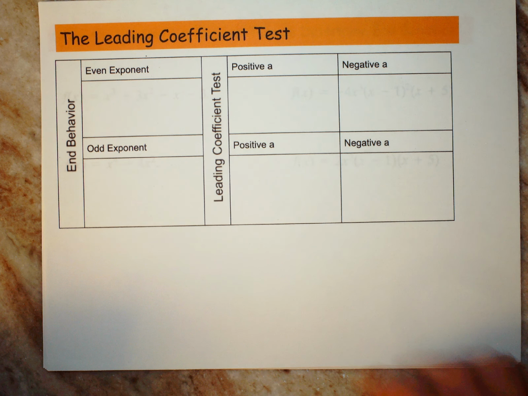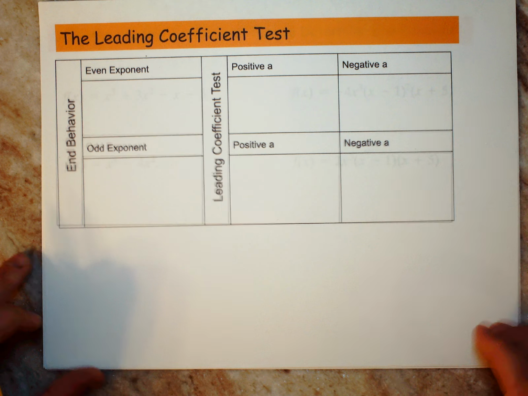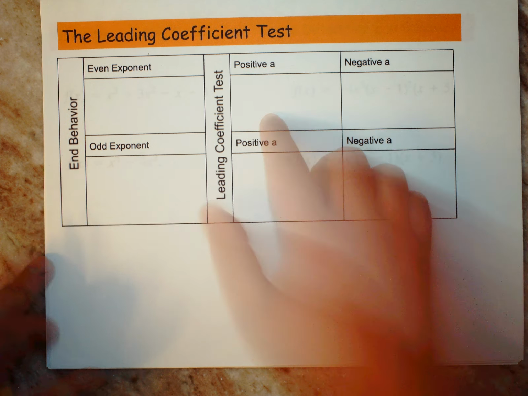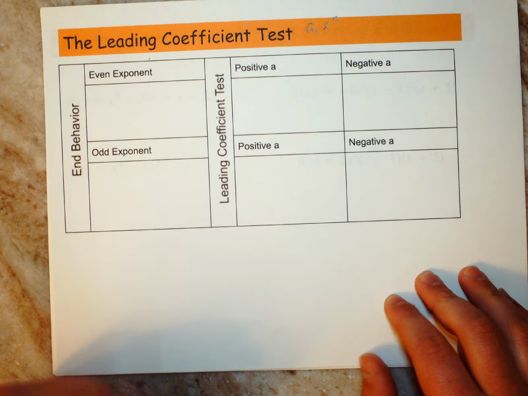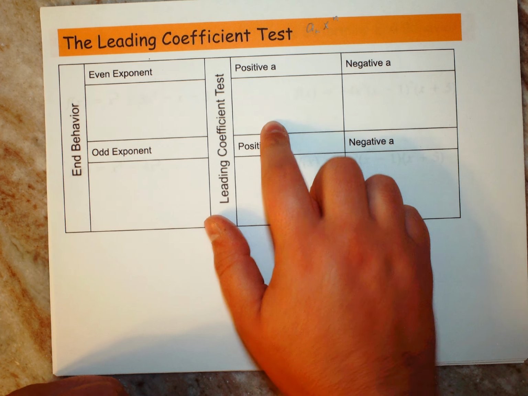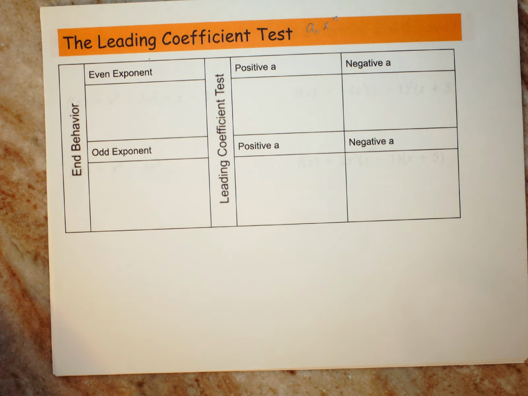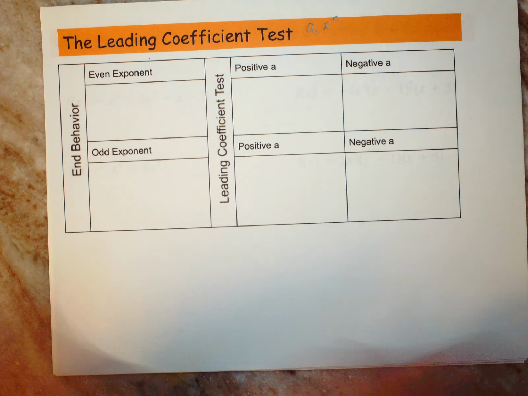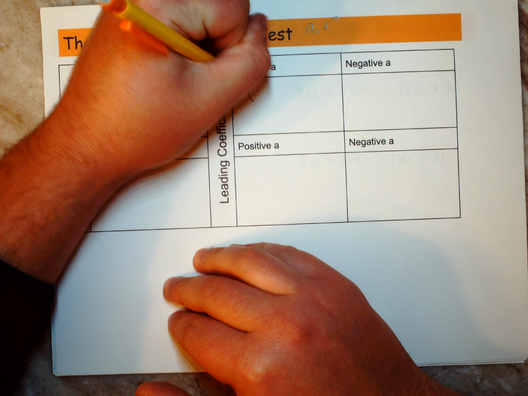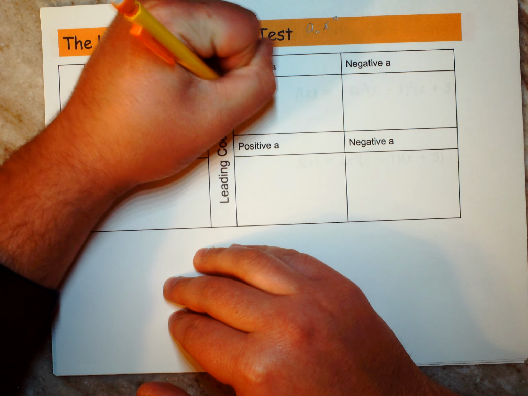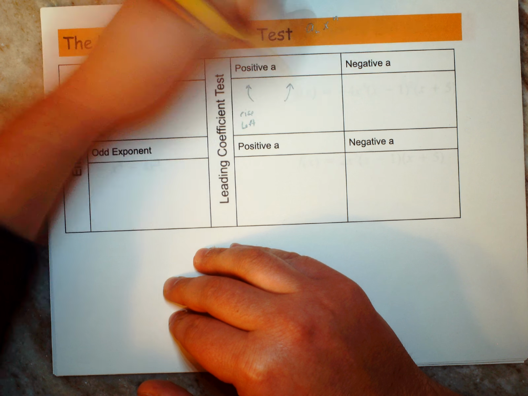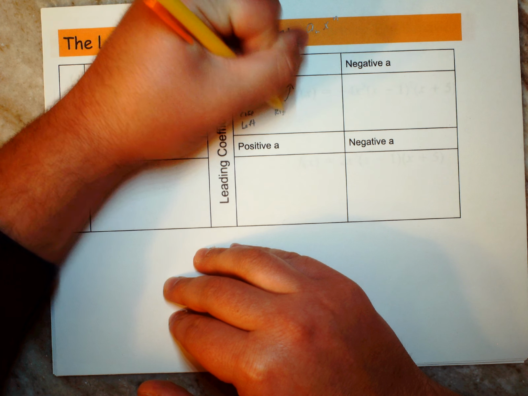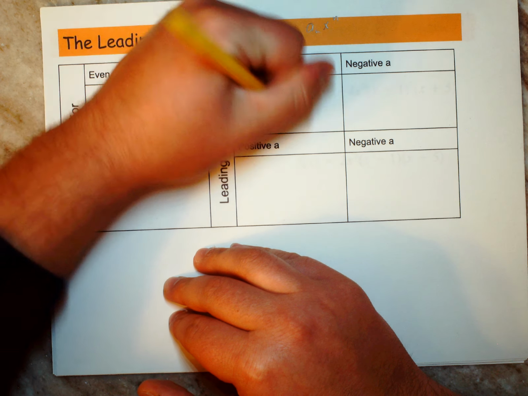If it has a positive a value and an even exponent, it's going to rise left, rise right.